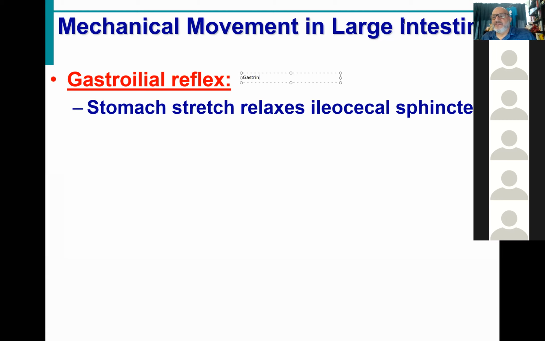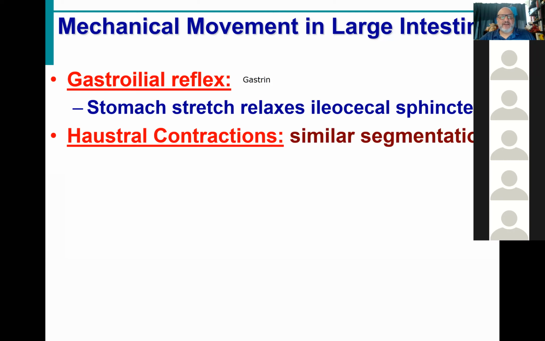Gastrin is going to stimulate the relaxation of that ileocecal valve, or the ileocecal sphincter. The job of that is to release the chyme from the small intestine into the large intestine to make room for more food. So we talked about that as well.